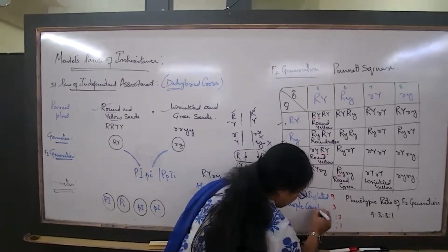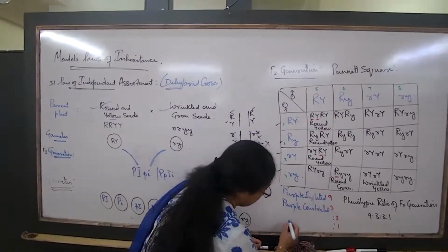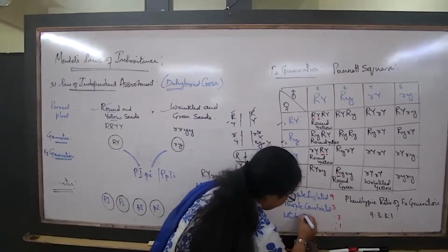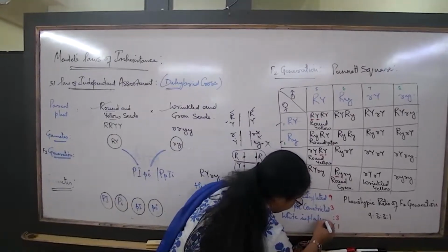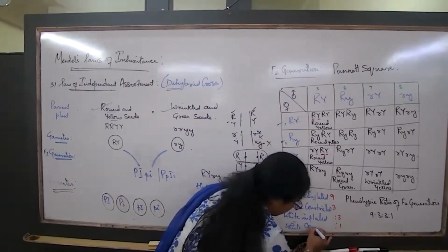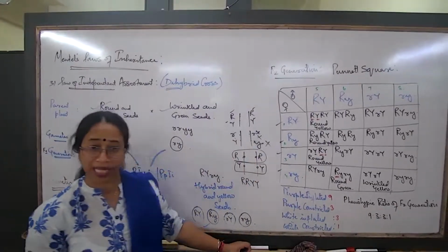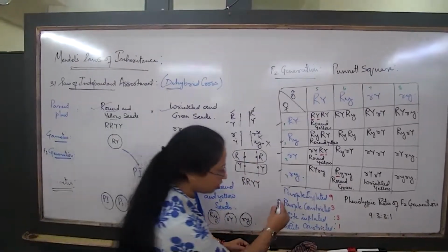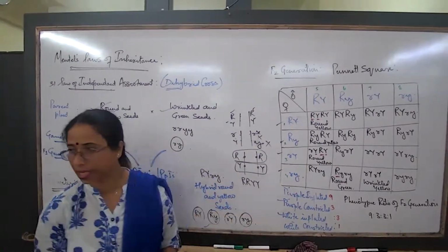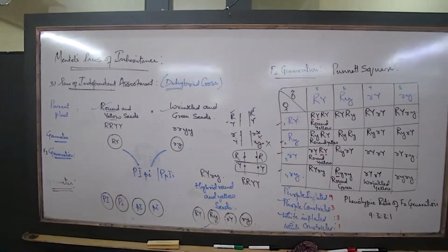Purple constricted 3, then white inflated 1 type, and white constricted 1. So which are the new types of plants? These two are the new types. These are the parental types. Okay? Is this understood now?